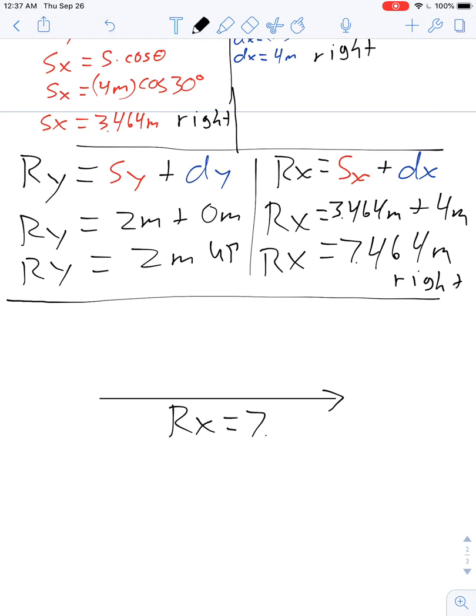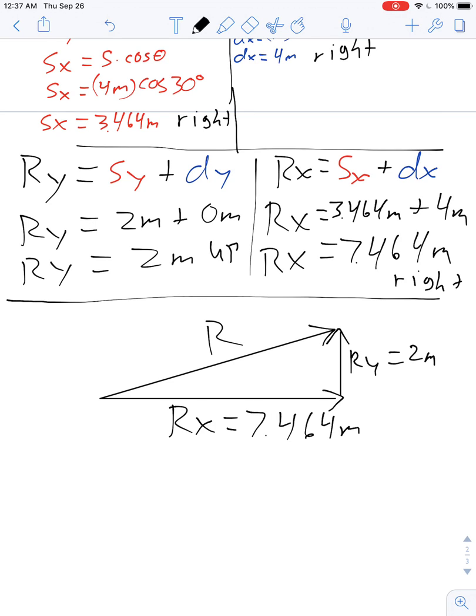I like to label it just because it makes it easier for me to stay organized. And then Ry, a little bit smaller. So Ry is just that 2 meters. These components point up and to the right, so the resultant vector R also points up and to the right.